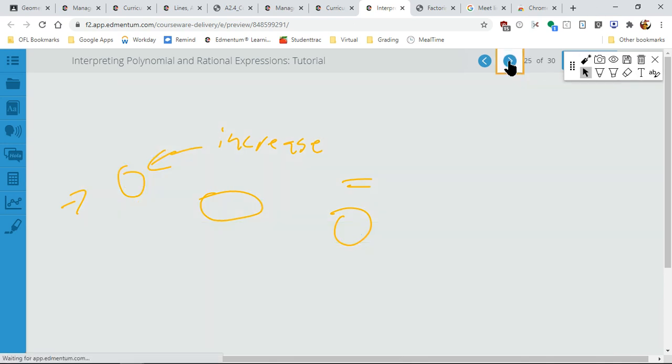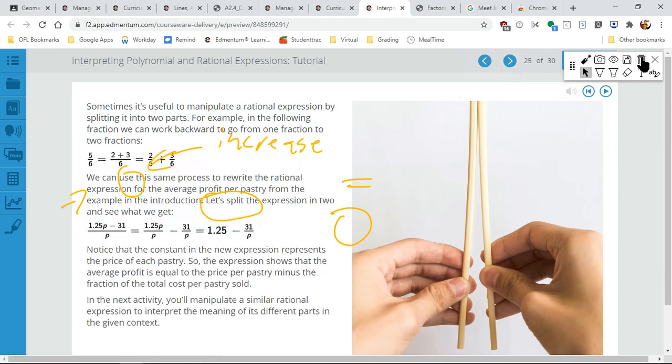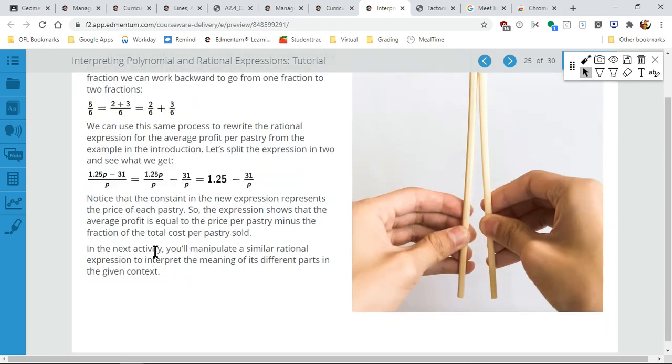All right, so moving on. Let me delete these. Now we're going to talk about fractions. The idea of fractions is we can always break down a fraction into its two parts. If we're adding these two together, that's the same thing as separating them. Let's say we wanted to separate this into two different terms. Both of them are going to be divided by p, but our numerators are these two split up.